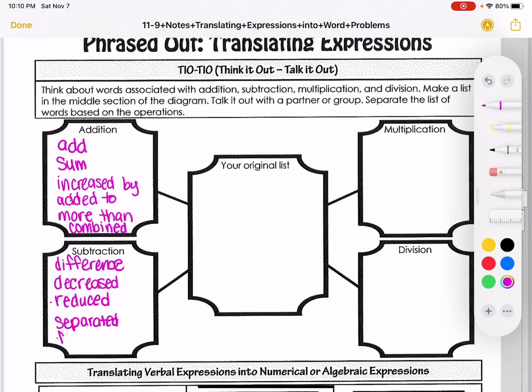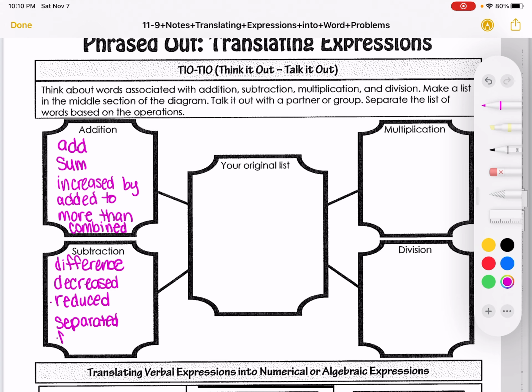All right. Now let's look at the variables. Determine if the expression requires a variable. So look for keywords like a number. So we have 10 decreased by a number, so we can put an m as a variable there. The product of 9 and 2. It told us the two numbers we're going to use, so we're not going to have a variable there.